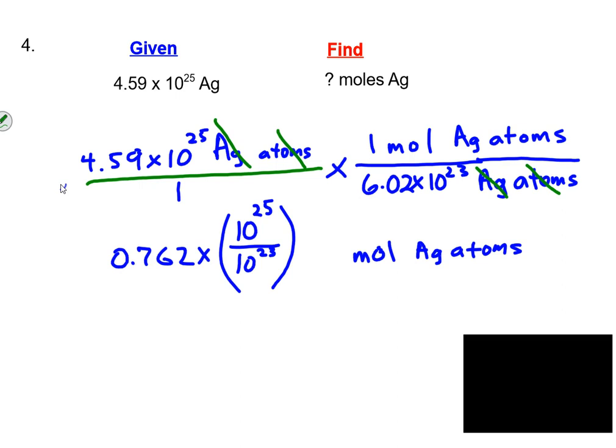Let's go ahead and deal with that power of 10. 0.762, oops, not 32. 762 times 10 to the what? What do I do with powers of 10? We're going to subtract when we divide, right? Power of 10s get subtracted. And when we multiply, what do we do with the powers of 10? Add. Okay. So this is 10 squared.